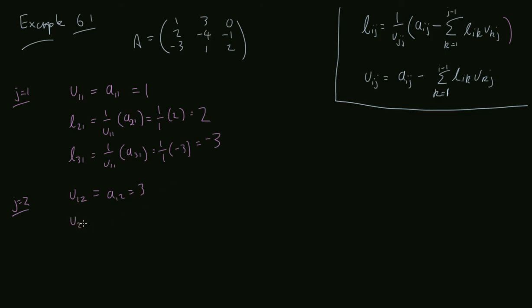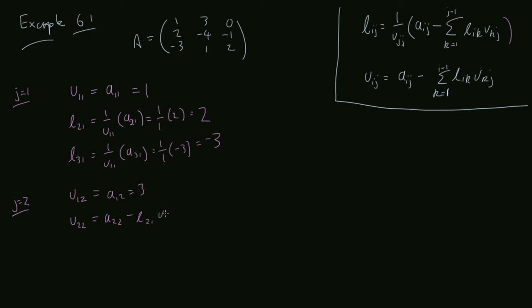So U22, using this, is A22 minus the sum of k goes from 1 to i minus 1. Well, in this case i is 2, so we've only got one value of k, and that's 1.